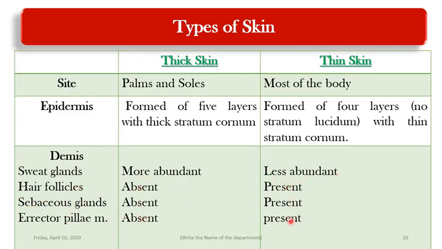In the thin skin, the 3 are present, as this is considered one unit: the hair follicle, the sebaceous gland attached to the hair follicle, and the arrector pili muscle also attached to the hair follicle. So these 3 items are absent here in the thick skin and present here in the thin skin.